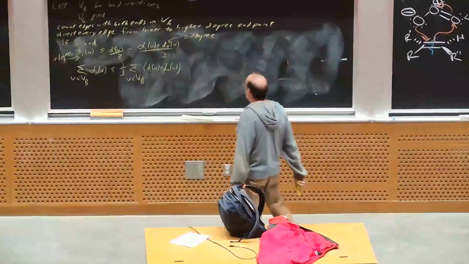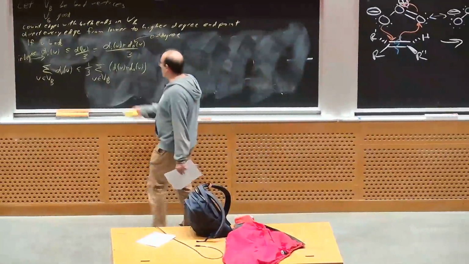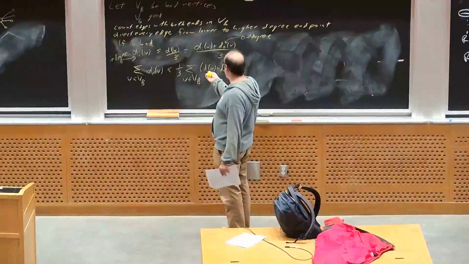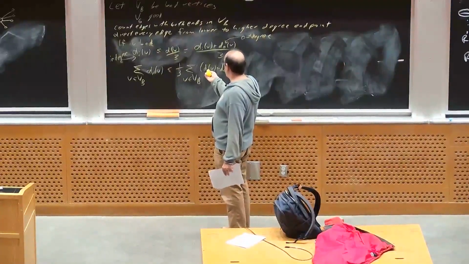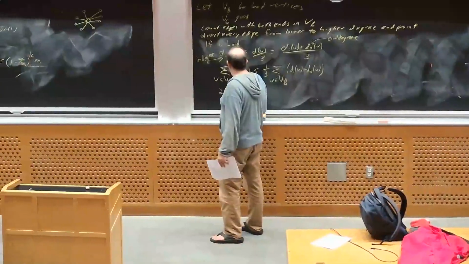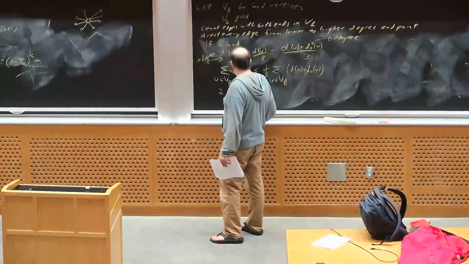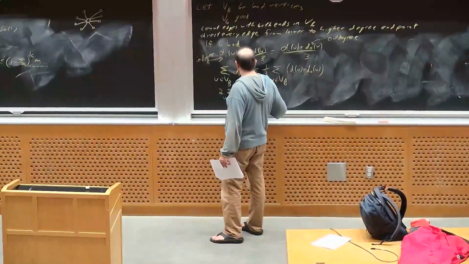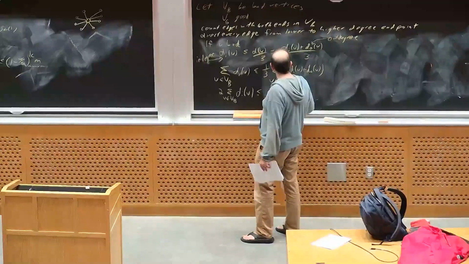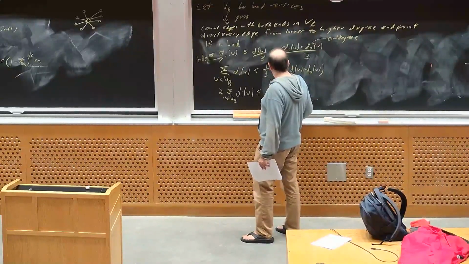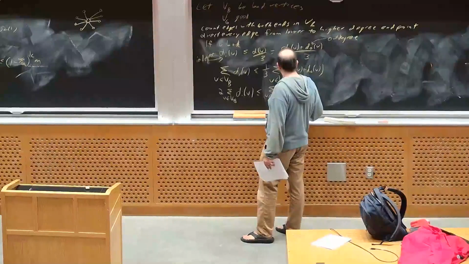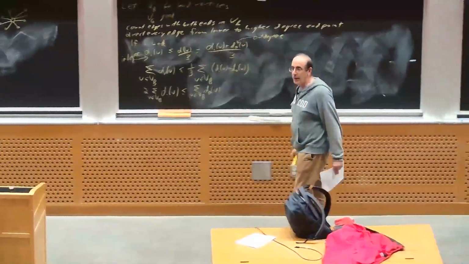Okay. All right, so now I multiply both sides by 3, and so I have 3 di of v over here, and I have a di of v over here. So what this tells me is that twice the sum of the bad in degrees is less than or equal to the sum of the bad out degrees.